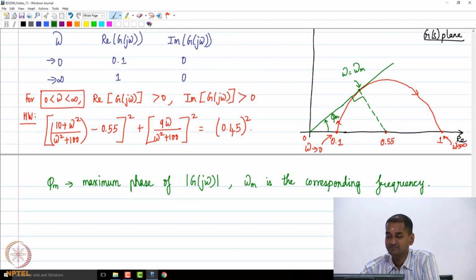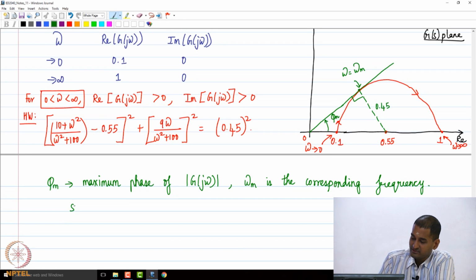What is sin phi m? This is 0.45. Then we notice that sin phi m is going to be 0.45 divided by 0.55. Can you calculate phi m and tell me?